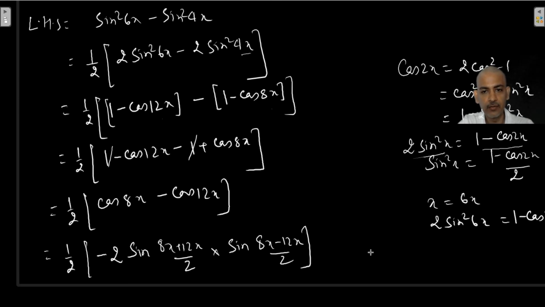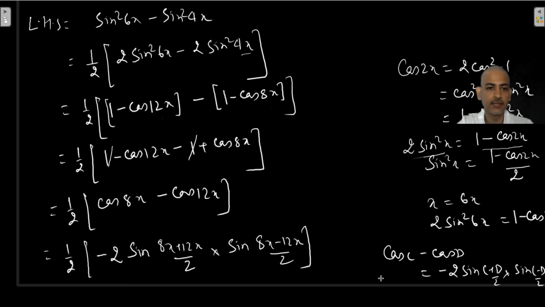So what did we write over here? We just wrote cos c minus cos d equals minus 2 of sin c plus d by 2 into sin c minus d by 2, which we did in the last example as well.